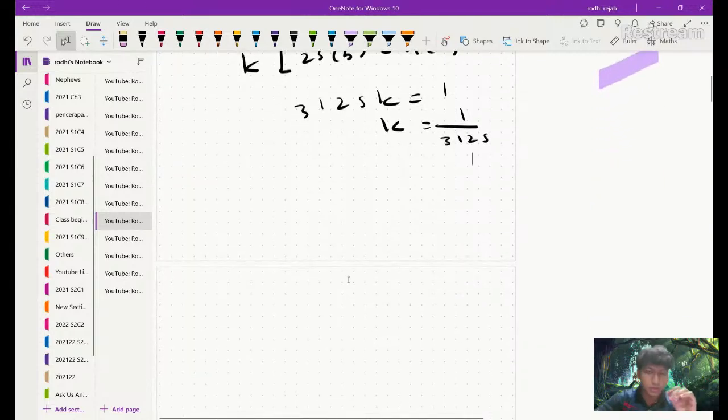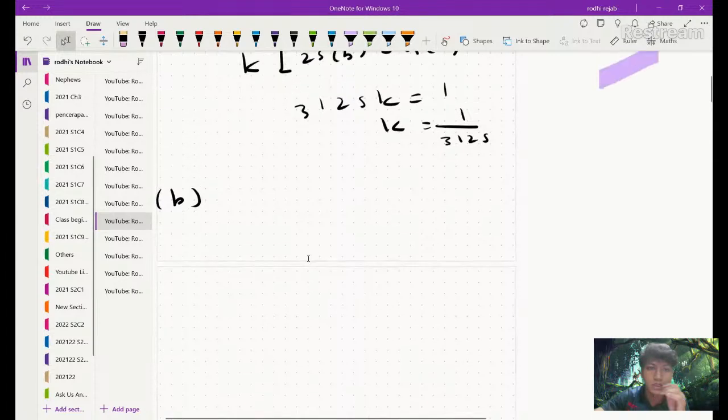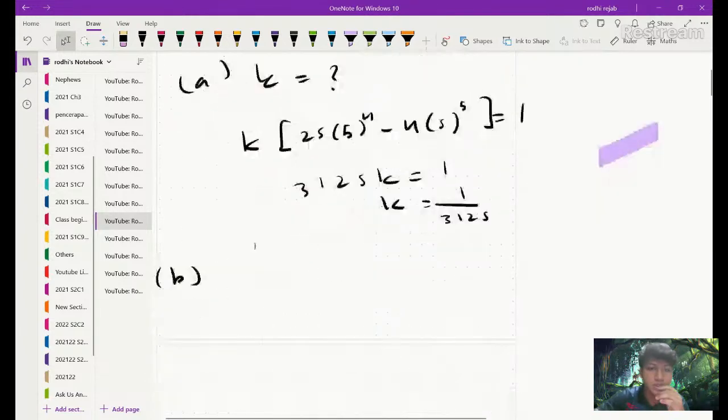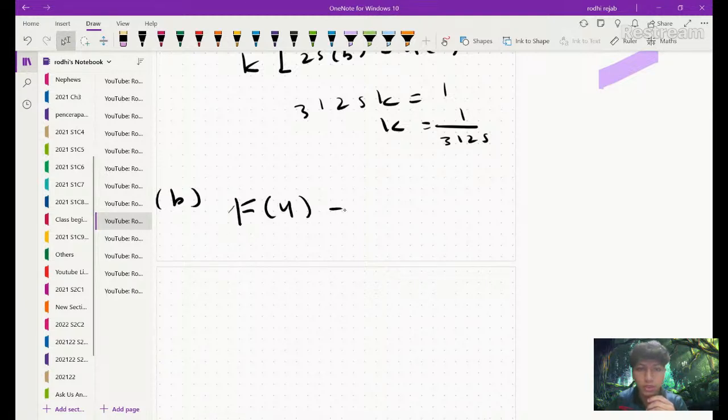For question B, find the probability that the family consumes between 2 kg and 4 kg of vegetables in a week. Again, this function F(x) is the cumulative function, which we do not have to integrate. So we just substitute the values, F(4) minus F(2).